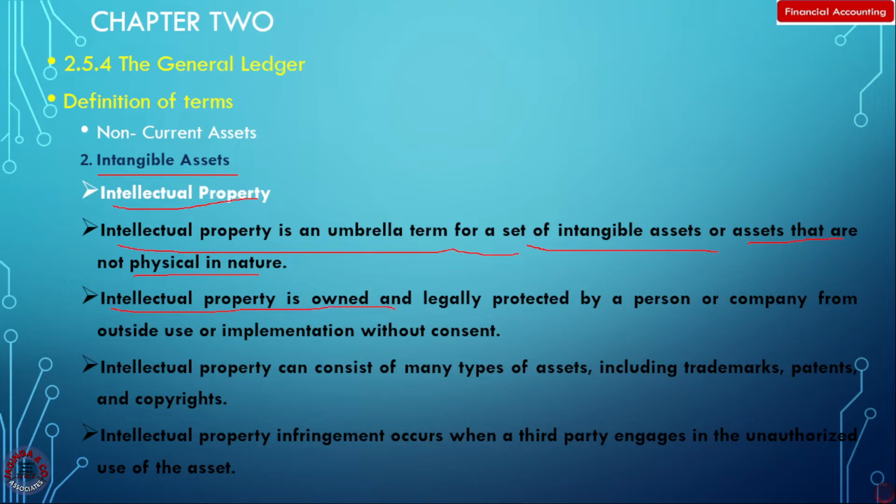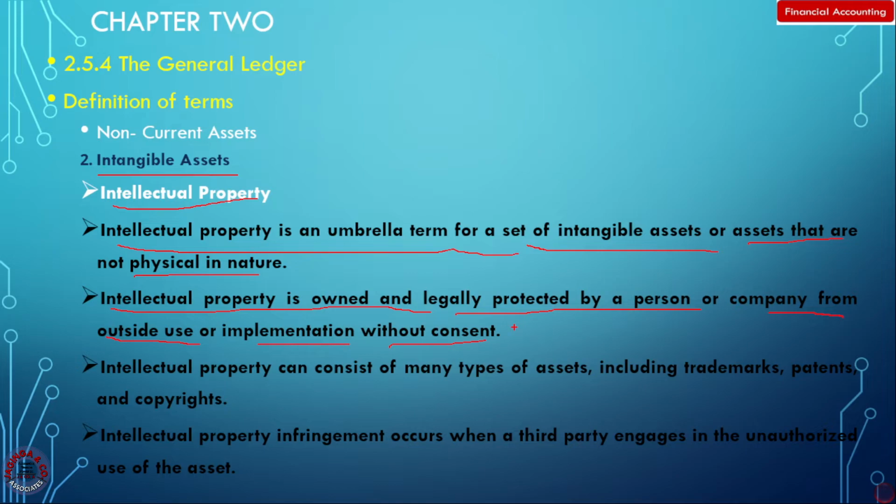Intellectual property is owned and legally protected by a person or a company from outside use or implementation without consent. So it is legally owned. It is protected by a company or an individual from outside use or implementation without consent.